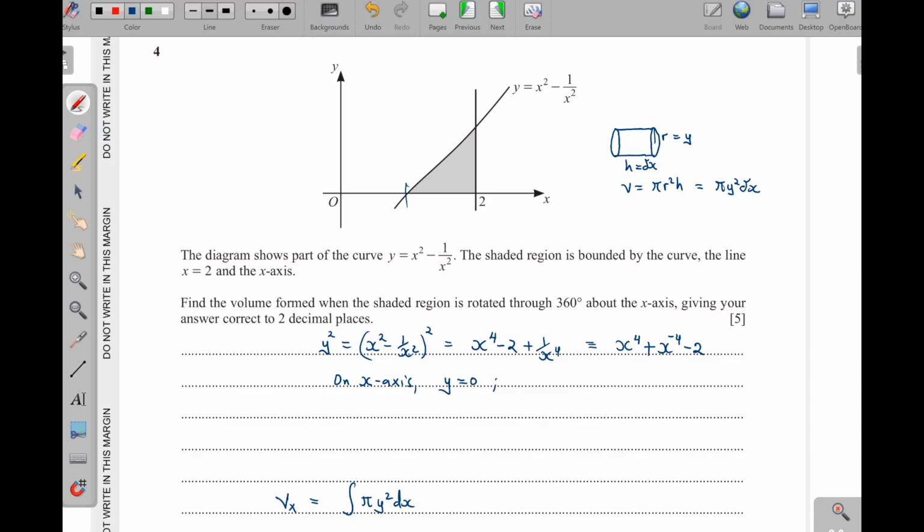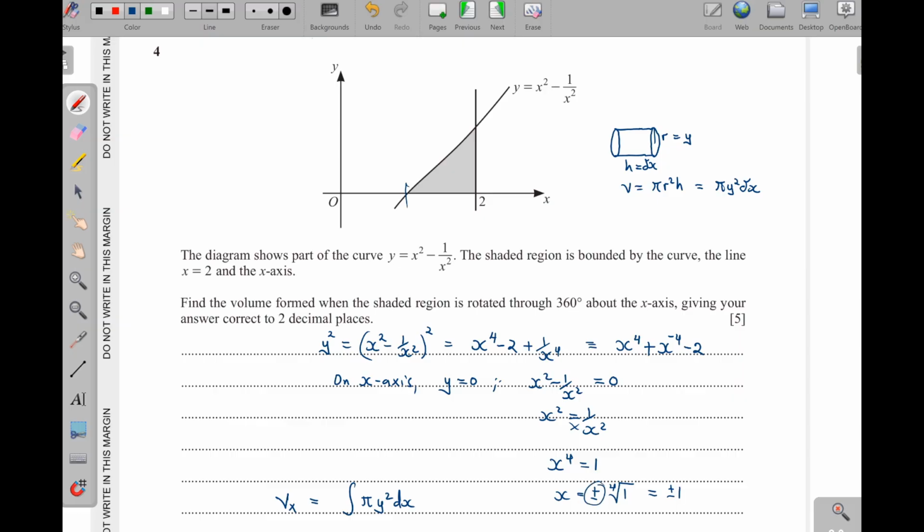So therefore we have x squared minus 1 over x squared equal to 0. Then x squared shall be equal to 1 over x squared. Then cross multiply, you have x to the power 4, which is equal to 1. And then x will be equal to plus or minus the 4th root of 1, which will be plus or minus 1.